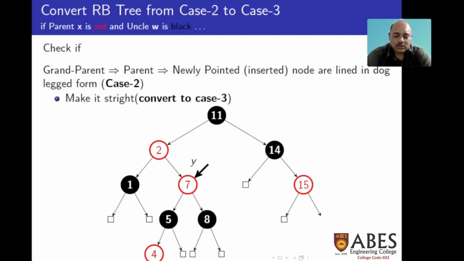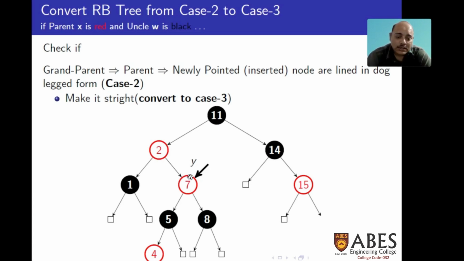In our example, 7 is the newly pointed node, 2 is its parent, 7 is on the right hand side of 2, but this parent is on the left hand side of the grandparent. So it's an angular picture, that means case 2. We will try to convert it into case 3. How?